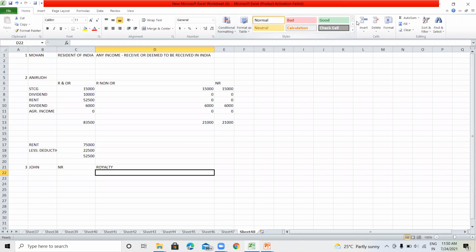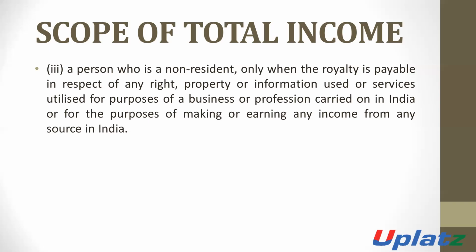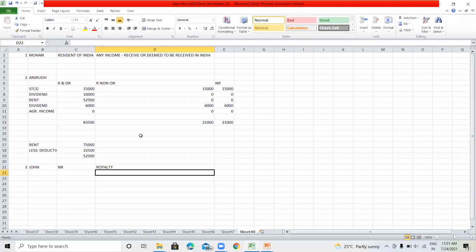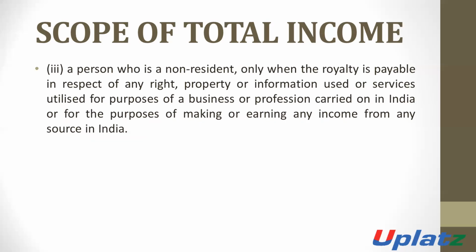When the royalty income is payable in respect of such a right, property, services, or utilization of information for the purpose of business and profession, and such business or profession is in India, then it will be considered as income deemed to arise in India.